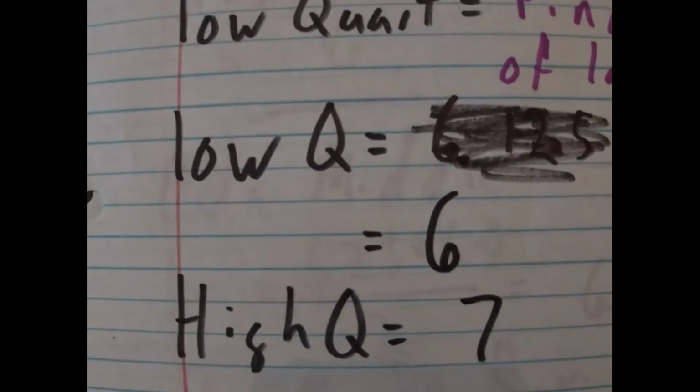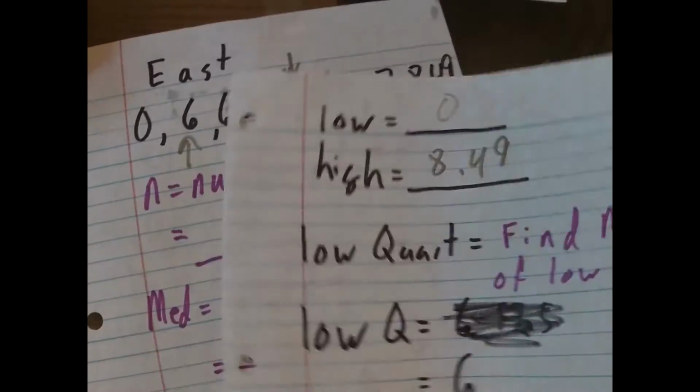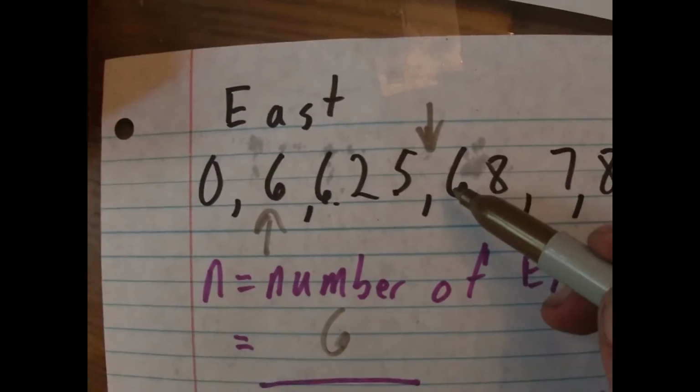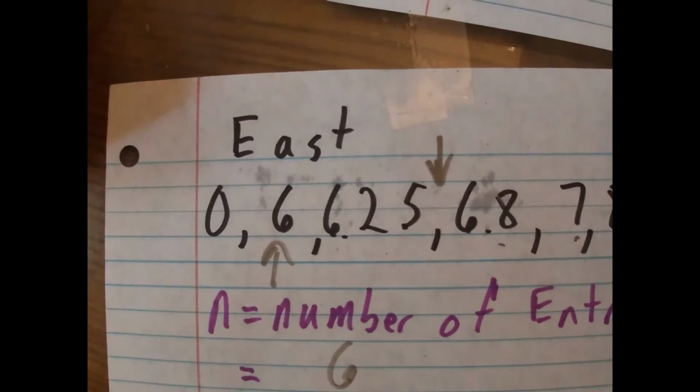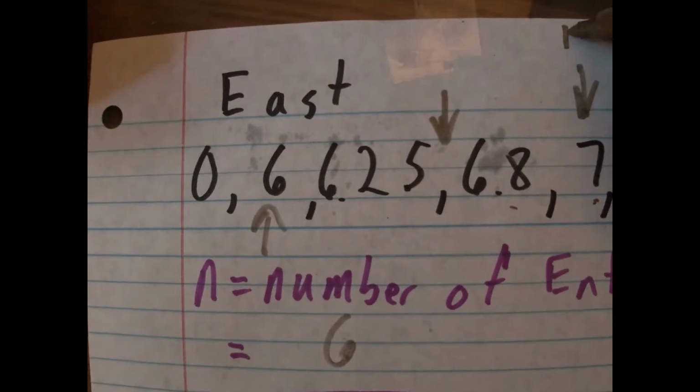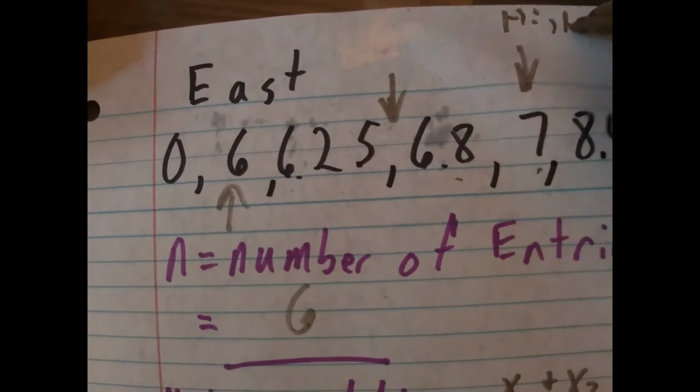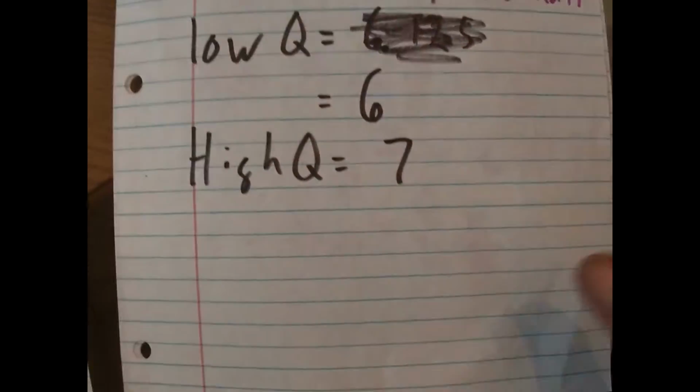Now the higher quartile, we go over here and do the same thing. Here's the median, and this one would be the median of the high half. So this is the high quartile, and that's how we got the high quartile of 7. I had to look up the quartiles because I wasn't very familiar with those terms, but the next few I was quite familiar with.